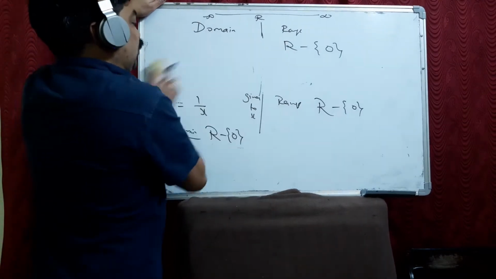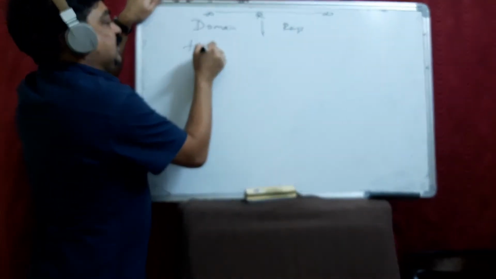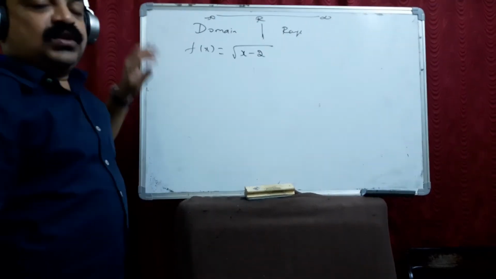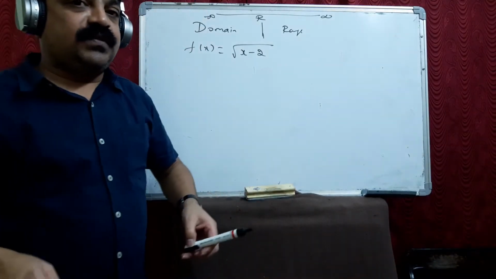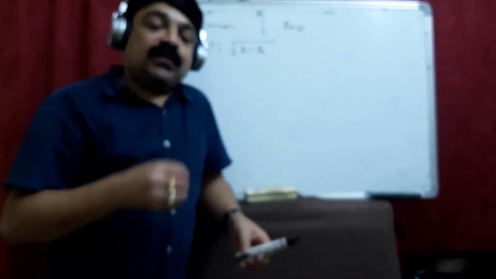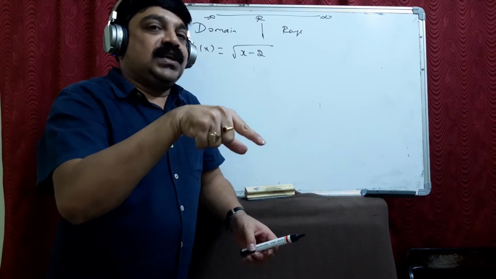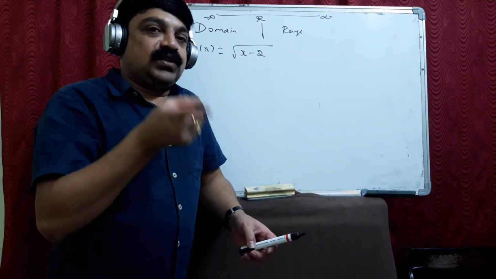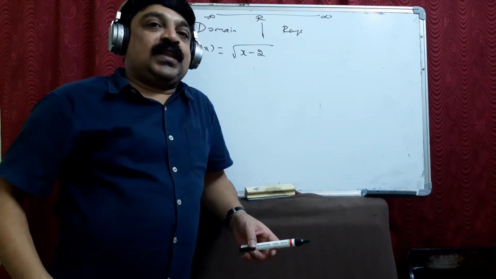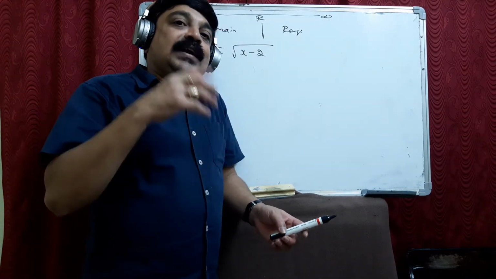Suppose I give you one more thing. Suppose f(x) = square root of (x minus 2). So the square root is defined. What is the actual definition of the domain? It is the real values of x that we can give so that the function is defined. Real values means from the real number set.